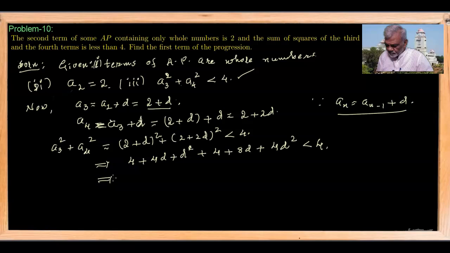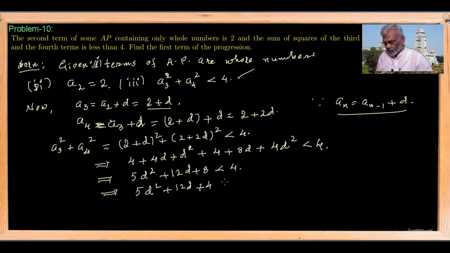And this implies 5D square plus 12D plus 8 is less than 4, and this implies 5D square plus 12D plus 4 is less than 0. Let me call this equation 1.